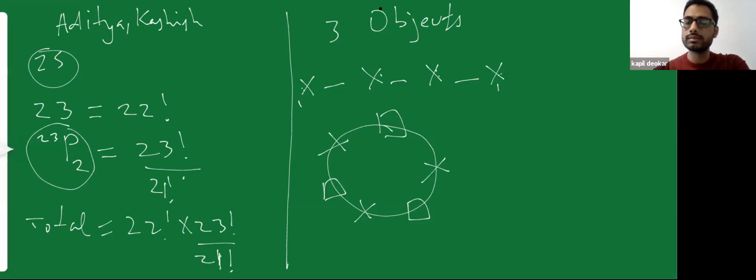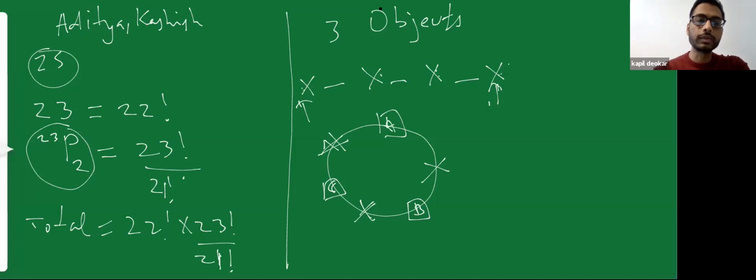There will be one less, and the reason is that in linear you have a first and last position, while in circular you don't. So if there are three objects A, B, and C, I can place objects in three places between them so that they are not together.